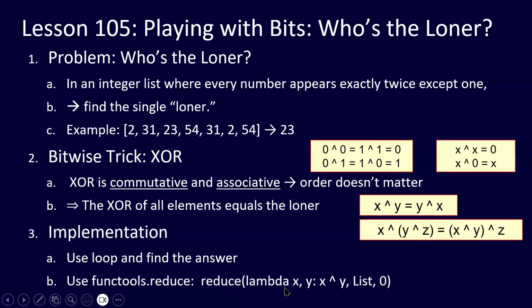we define a lambda function here. I hope you know lambda functions. A lambda function is an anonymous function, a function without a name.